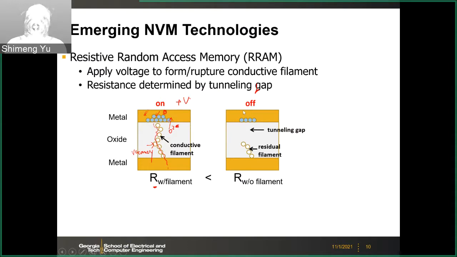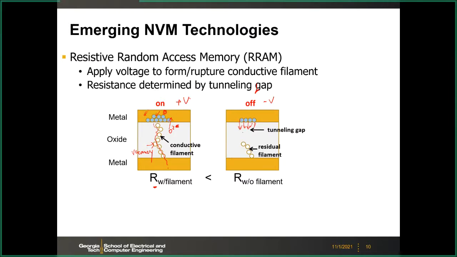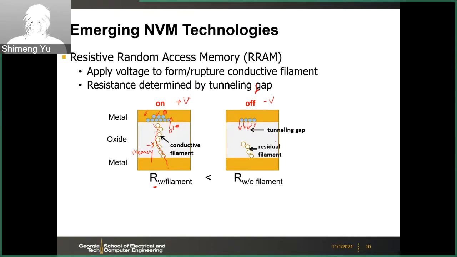And if you want to switch off, you apply a negative voltage. You can drive the oxygen back, then this part will be recovered, and you recreate some oxide layer in this tunneling gap region. Then the current will be much suppressed and the resistance will be high.